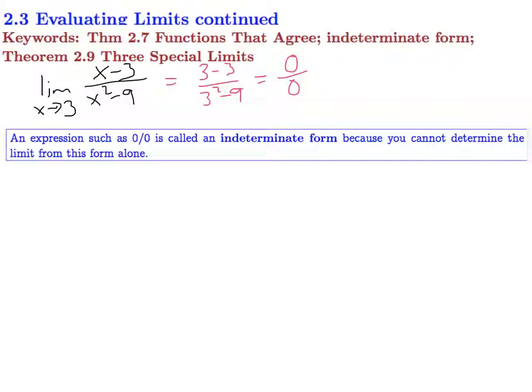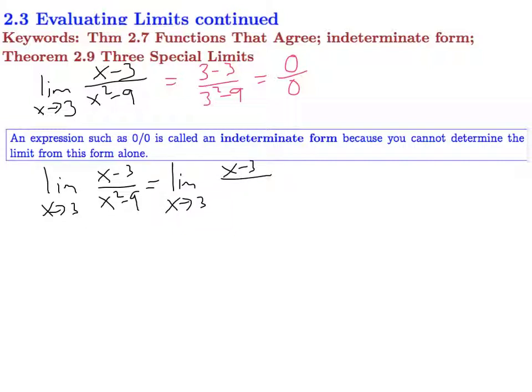So in this case we're going to try to use the theorem that says let's try to replace this function with a function that agrees with it except at one point. So what we're going to do is try and factor this function. We can factor the denominator there. The numerator is already pretty nice looking, into x minus 3 times x plus 3.